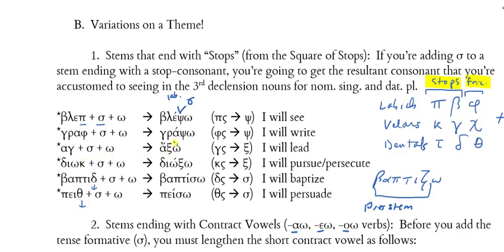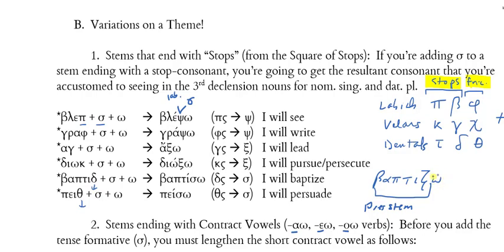Ag-so becomes axo. Axo, I will lead. Dioxo, kappa sigma becomes xi, dioxo. I will persecute. Baptidzo. Okay, so here's the deal. You learned baptizo as your lexical form, right? So the present stem is baptidz. How do you find the present stem?